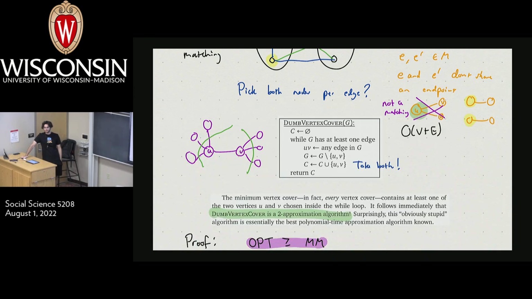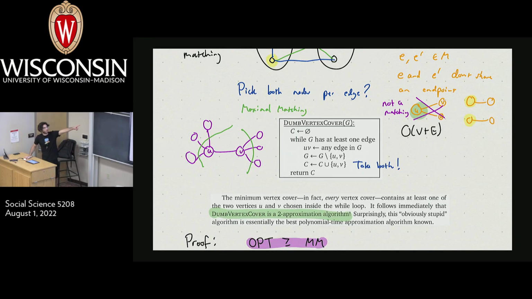But then the actual maximum is not one. So this is called a maximal matching, not maximum. A maximal matching just means you can't add more edges to it.